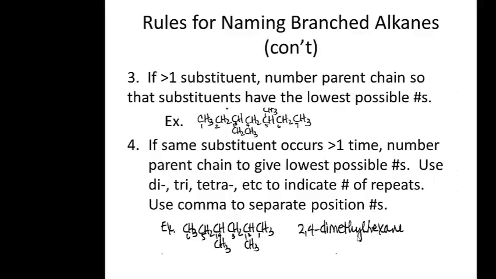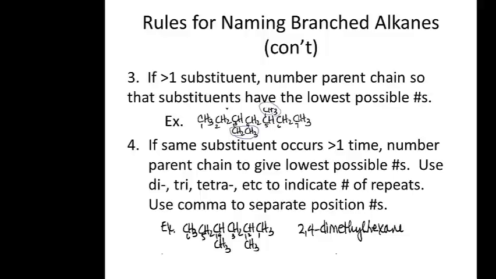Sometimes we have situations where we have more than one substituent, and then we have to decide how we want to number the chain. And this is an example, an unnamed example. We'll name it in a minute, but here the longest chain is 7, and I have an ethyl substituent on carbon number 3, and I have a methyl substituent on number 5.